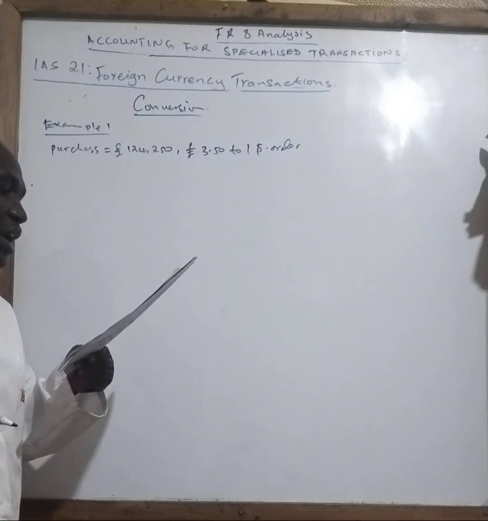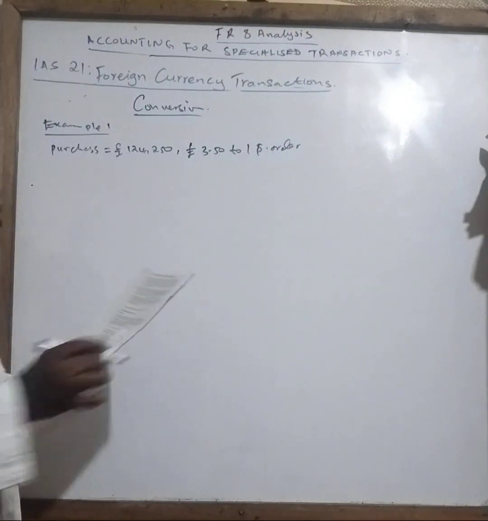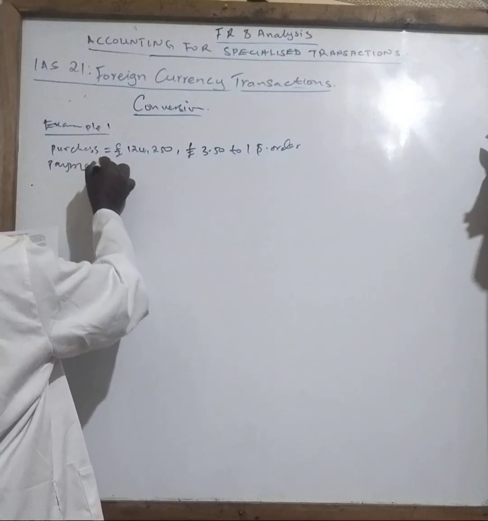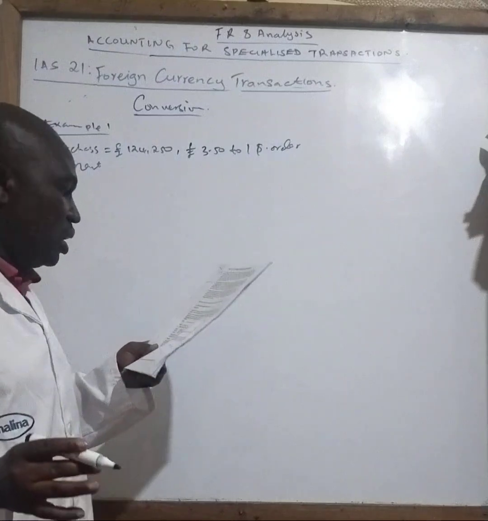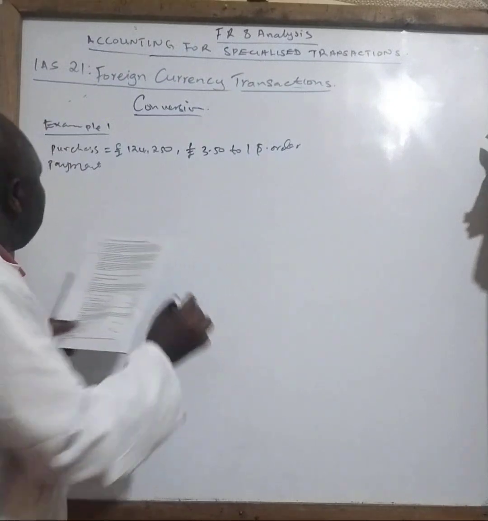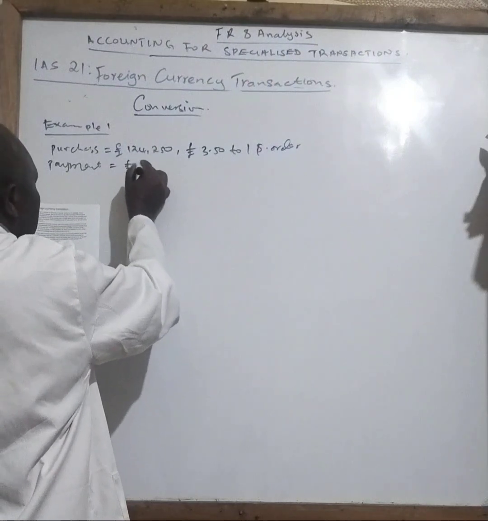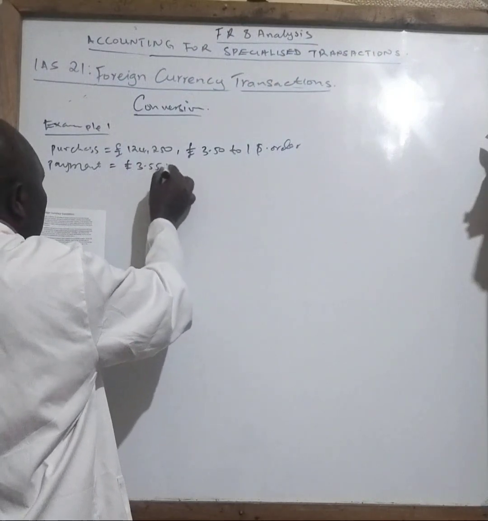When the local company comes to pay the supplier, we now say there was a payment. We don't know when they made the payment, but it's within the year. There was an exchange rate. Exchange rate was now pounds 3.55 to $1.